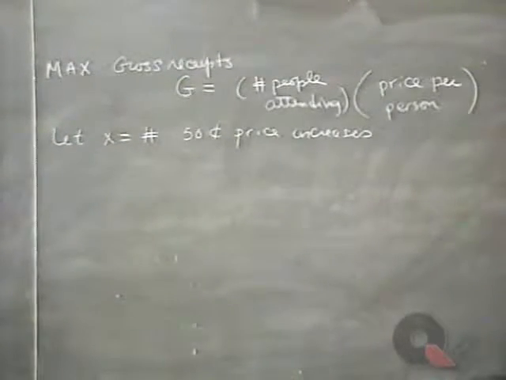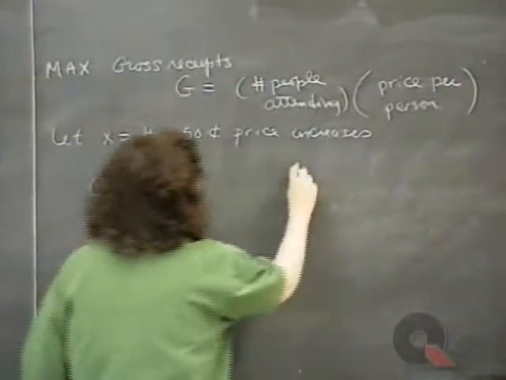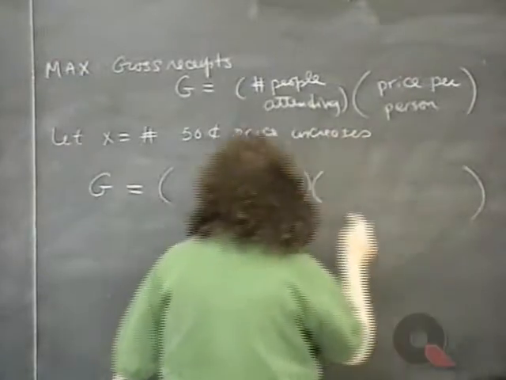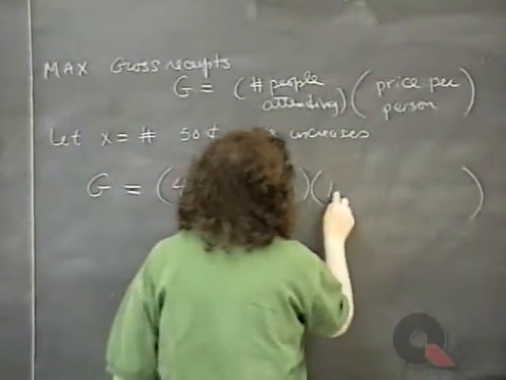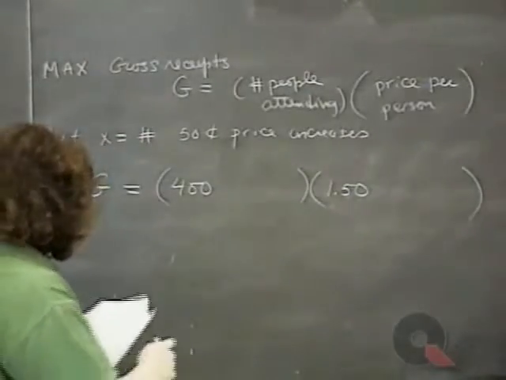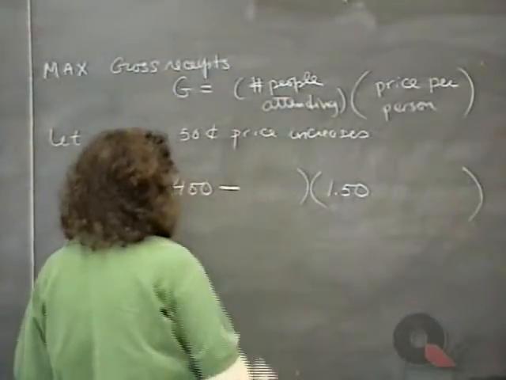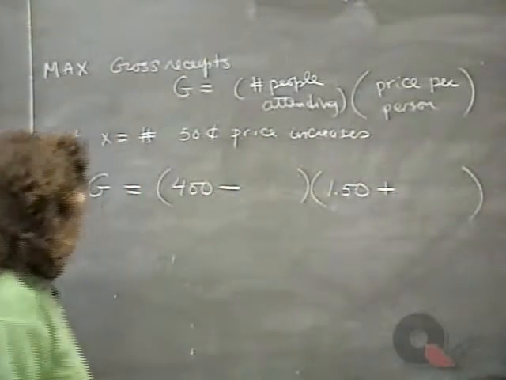In other words, right now we have 400 people attending at $1.50 per person. Now, the attendance is going to decrease with every price increase. The price, of course, will go up.